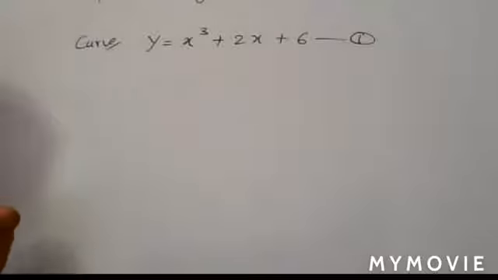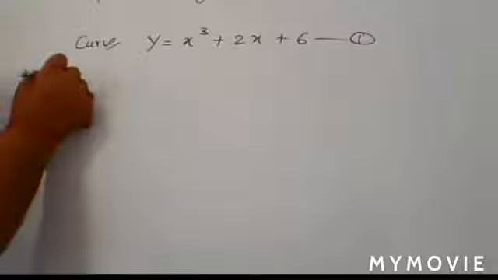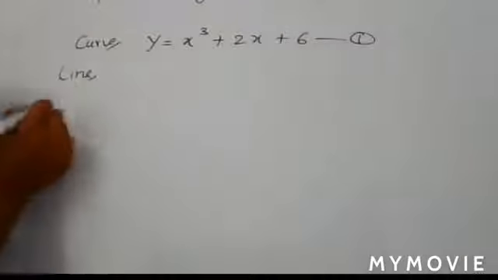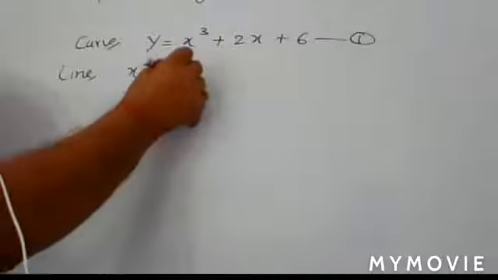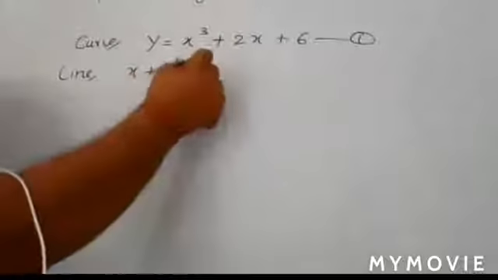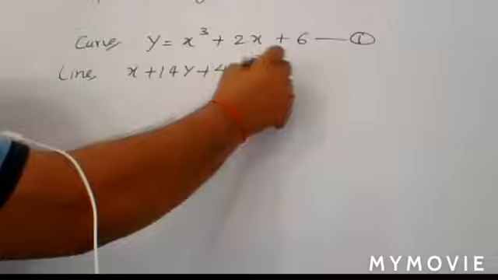Here the line is given: x plus 14y plus 4 is equal to 6. That is your second equation.